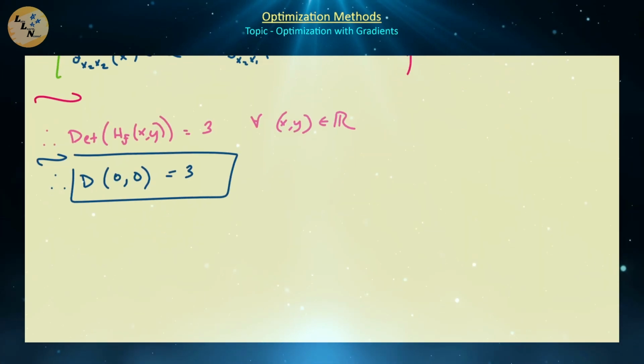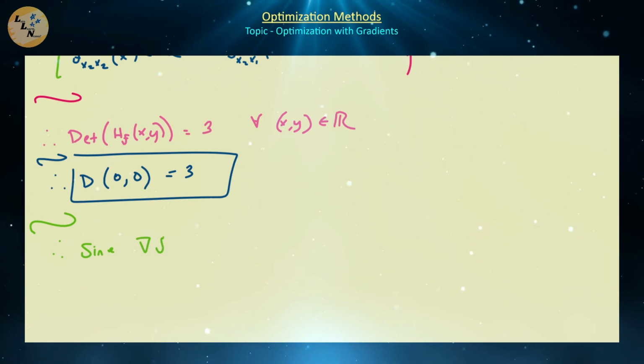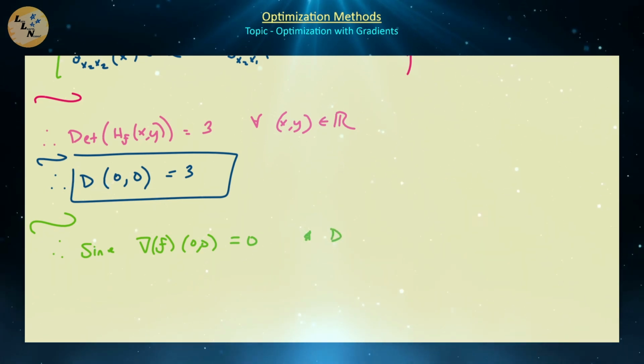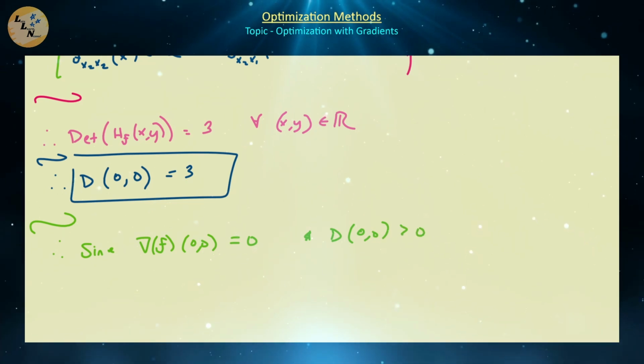All right, so let's analyze this situation and see if we can figure out if this is a max or min. Since the gradient of f at the point 0, 0 is equal to 0, that means 0, 0 is a critical point. And the determinant of the Hessian matrix at 0, 0 is a positive number. What does that mean?